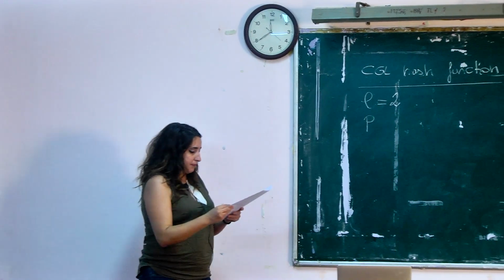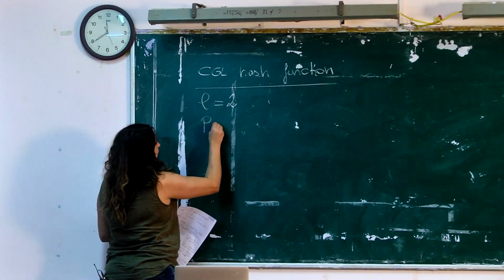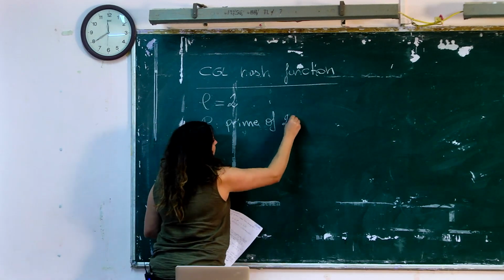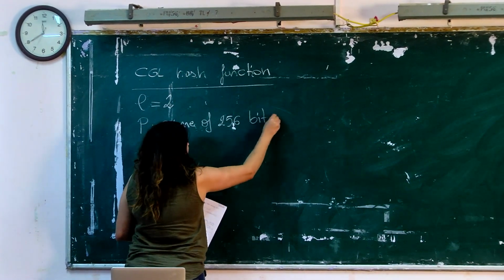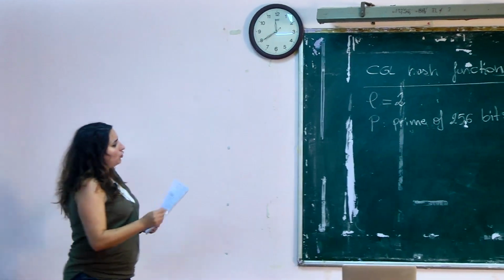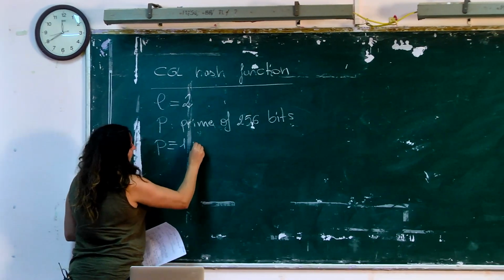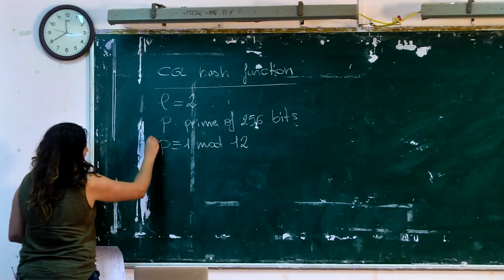And our p is a prime, you have to imagine, in the application, of 256 bits, or at least this is what they proposed in this paper. And also we require another thing, is that p is congruent to 1 modulo 12, okay?